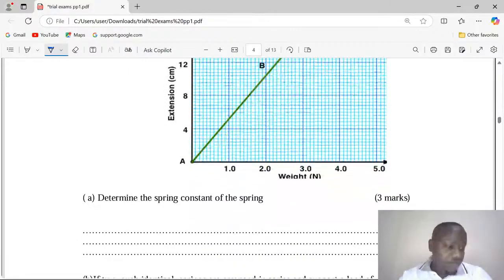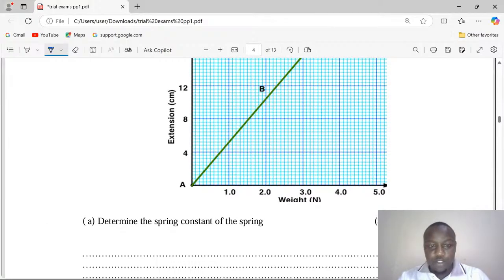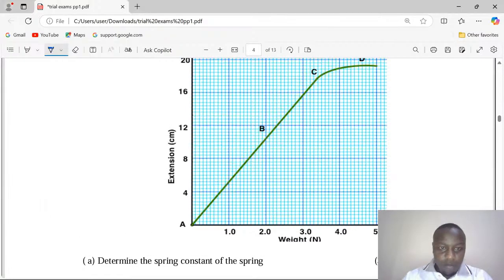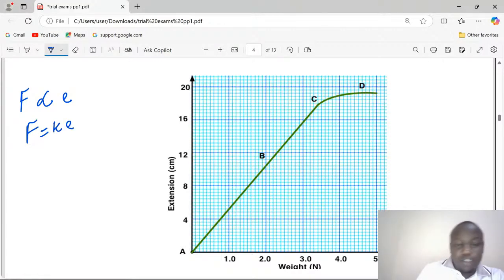The question that we've been asked is to determine the spring constant of the spring. It's good for people to know that force is directly proportional to extension. So force equals spring constant multiplied by E.